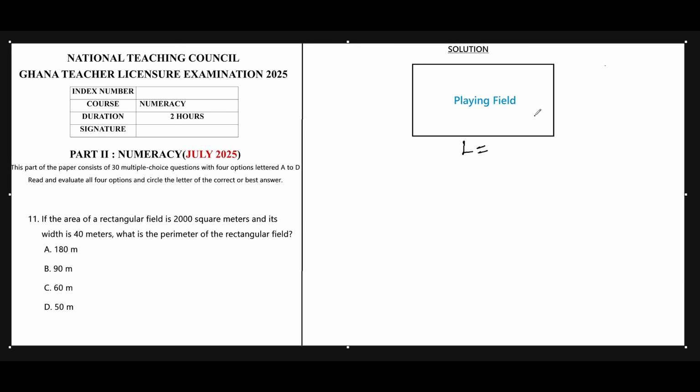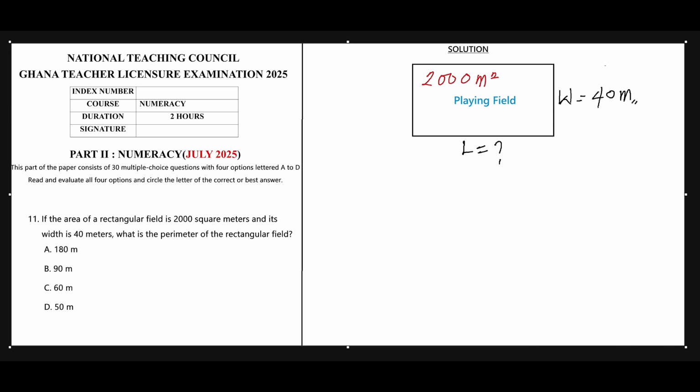So the longest side is the length and the shortest side is the width. We know that the width measures 40 meters, but we don't know the actual measure of the length. But again, we know that the area of this playing field measures 2000 square meters.